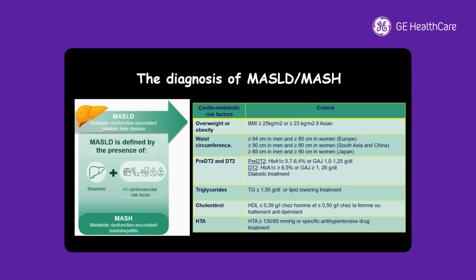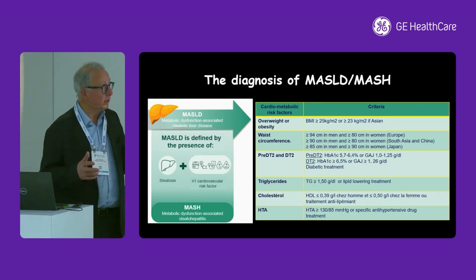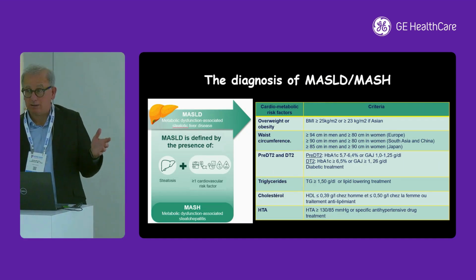So MASLD is really defined with the presence of abnormal clinical or biological measurements. Mainly, this is the metabolic dysfunction. And this concept is so important that I would really like you to spend a few minutes on it. If you have a steatosis and one or more of the cardiovascular risk factors, then you are at risk and you have MASLD, the metabolic dysfunction associated steatotic liver disease.